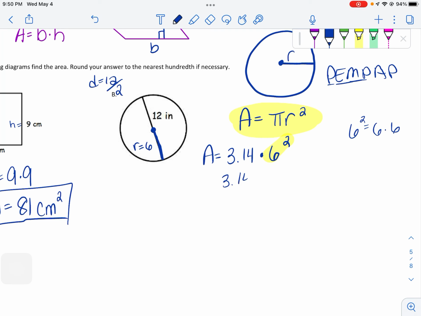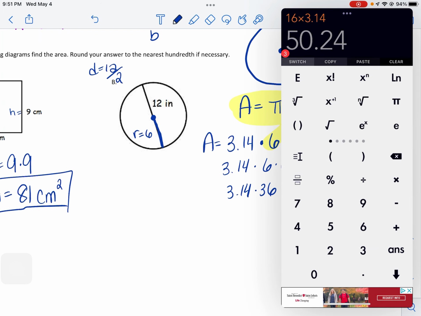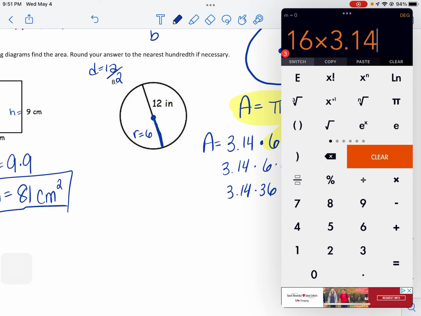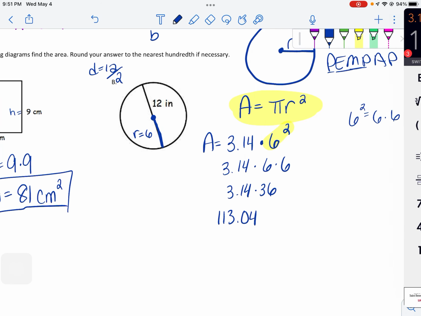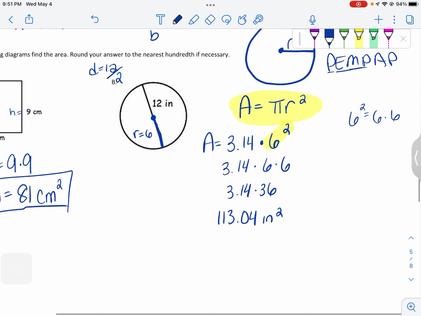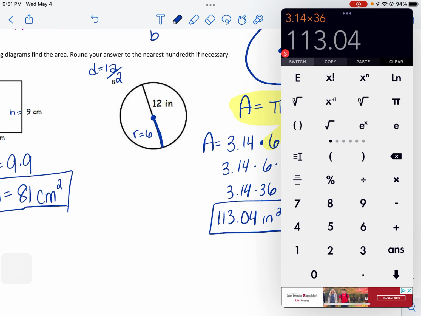So you could rewrite this as 3.14 times 6 times 6, and that's 3.14 times 36. Pulling up my calculator, 3.14 times 36 gives me 113.04, and then this was in inches, so it'd be in square inches because area is always in squared units.